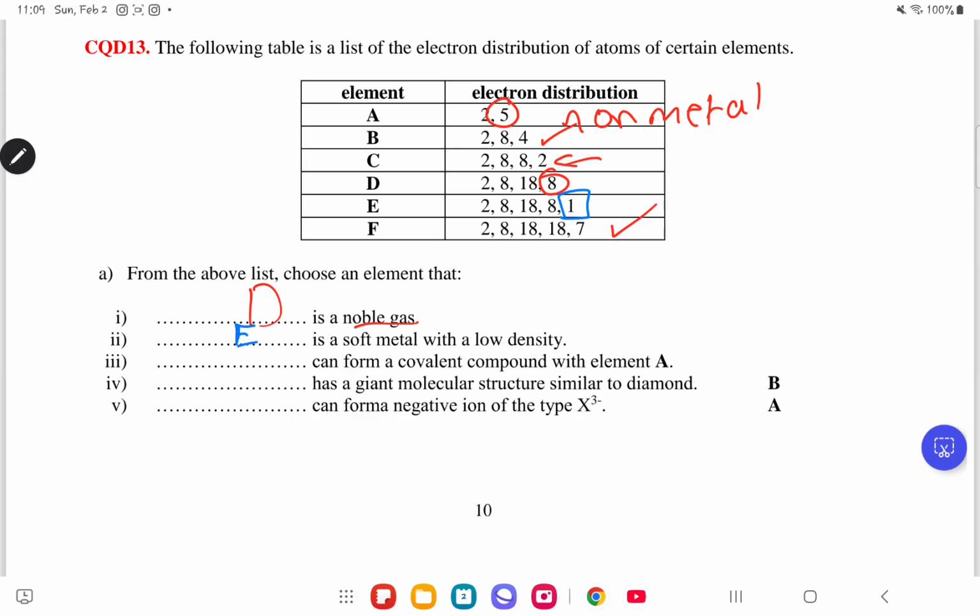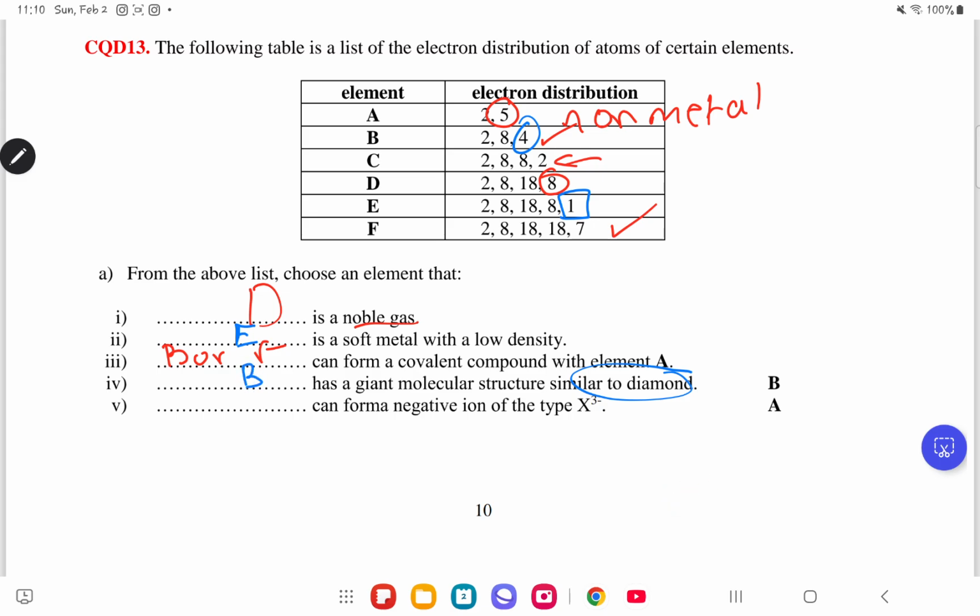However, 2 is a metal, so we're not gonna choose it. So we can say B or F. Has a giant molecular solid structure similar to diamond. So very simply, if it has a structure similar to diamond, it should be in the same group as carbon. So that means group 4. This is in group 4. The answer over here is B.